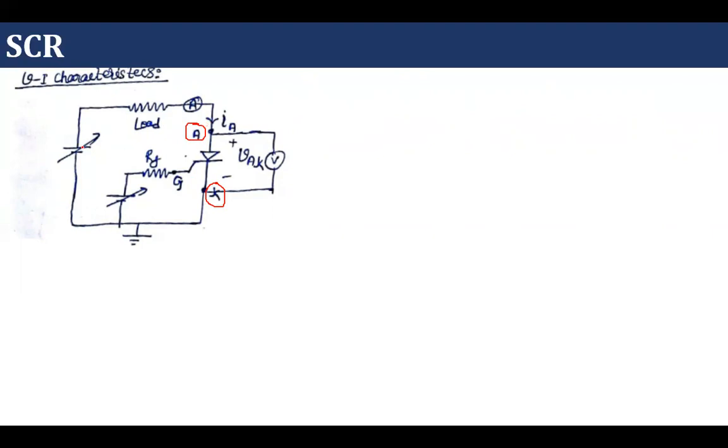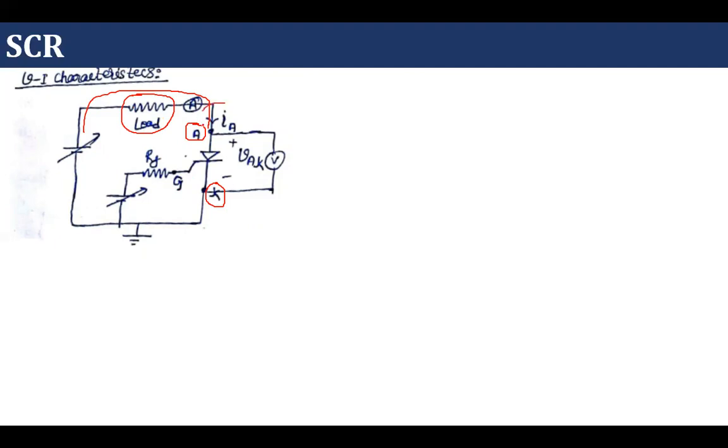We have to apply positive voltage to the anode terminal, and we have connected a series resistance just to control the maximum amount of current which can go through this device.